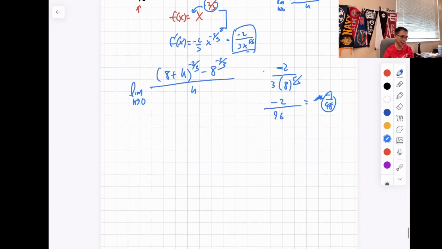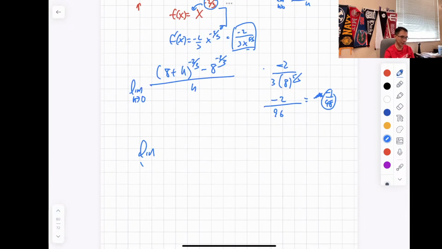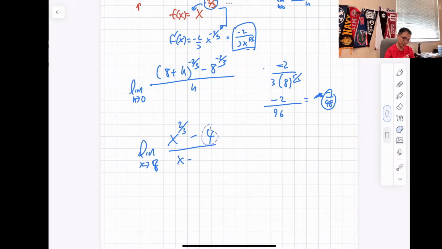I could have just said limit as x approaches 4 of x to the 2/3 minus 4 over x minus, wait, oh no, this one is x approaching 8.